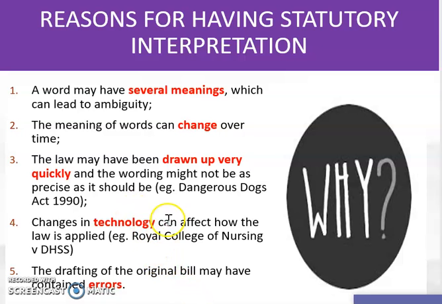We've also got changes in technology. So, particularly in areas of medical science, law might be applied differently. Time moves on between them passing an Act of Parliament and what we can actually do medically. And we're going to see that later on in this topic with a really interesting famous case called the Royal College of Nursing and the DHSS.